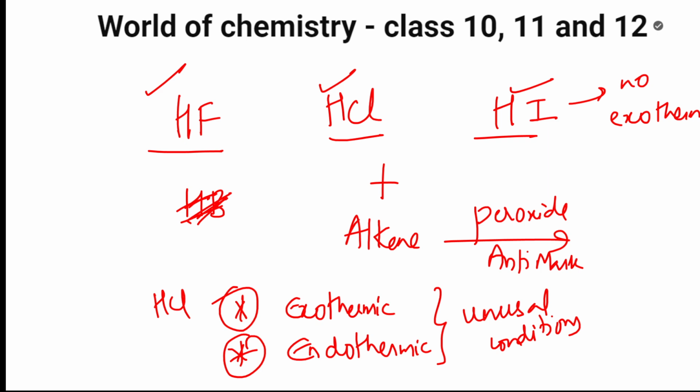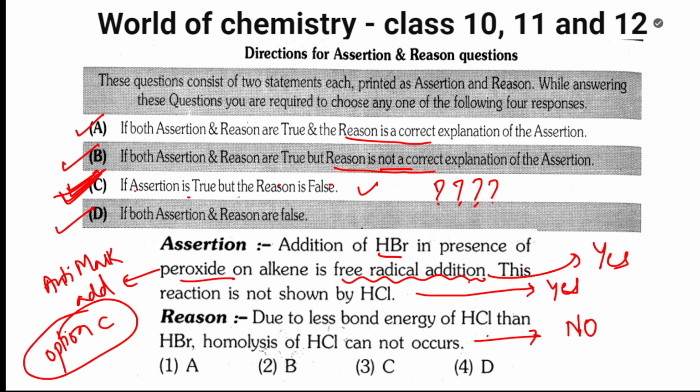We understand the simple concept. Let us go back and write the order. Here the reason is wrong. I said homolysis of HCl cannot occur. No, that's not at all the reason. The reason is that the reaction is endothermic. Shall we write the order now?